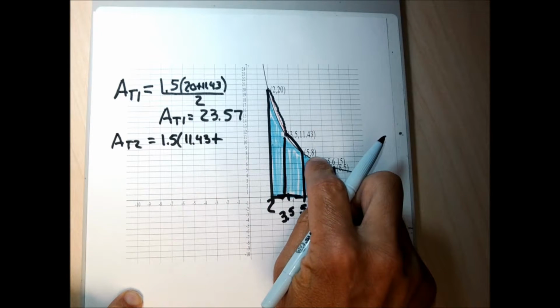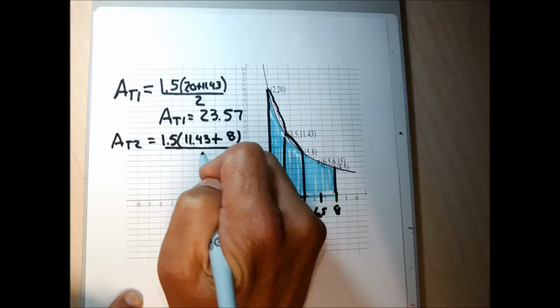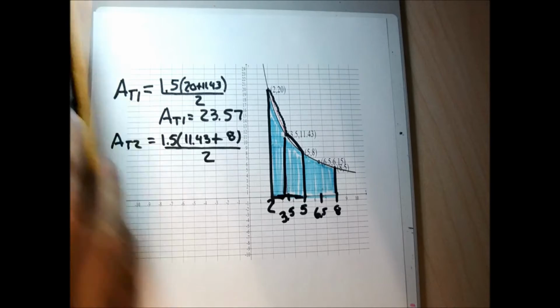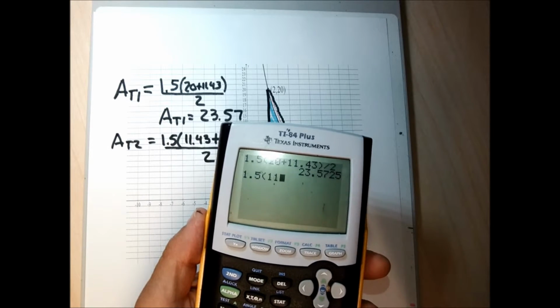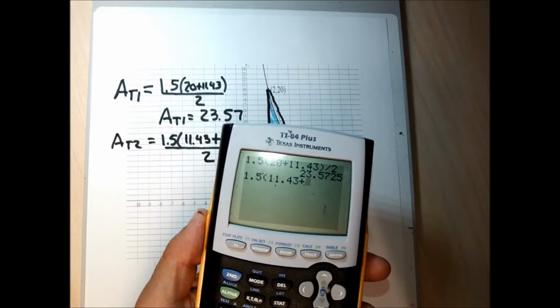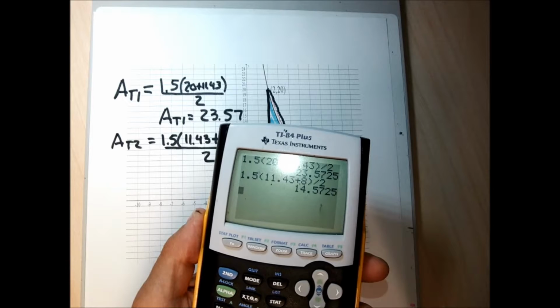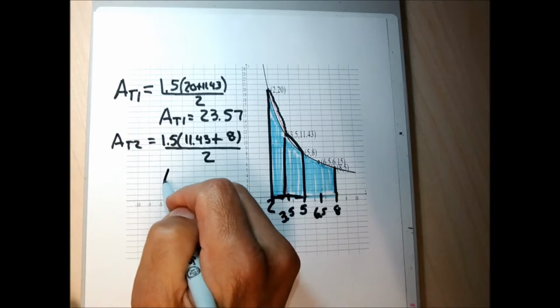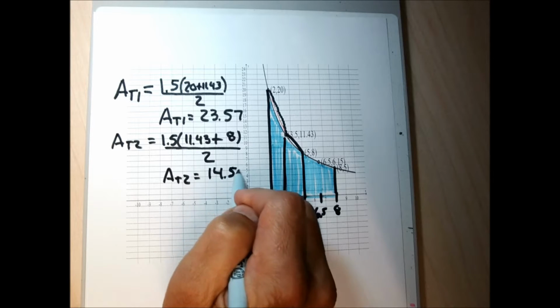Its base 2 is the y-coordinate of that point, which is 8, and divided by 2. So trapezoid 2, I go 1.5 parentheses 11.43 plus 8 divided by 2, and I get 14.57. So the area of trapezoid 2 is 14.57.